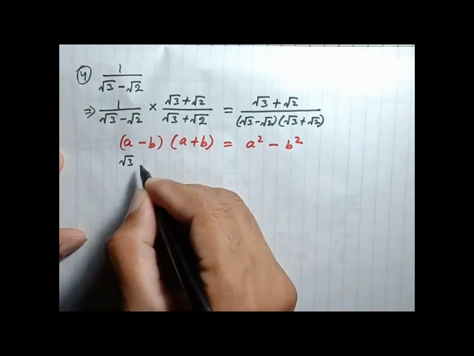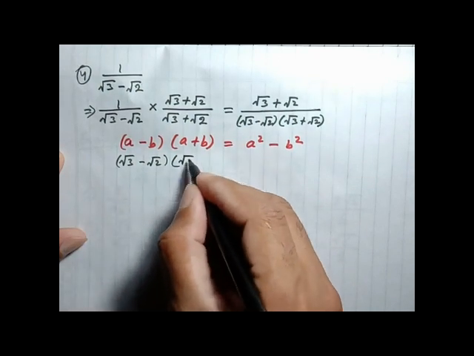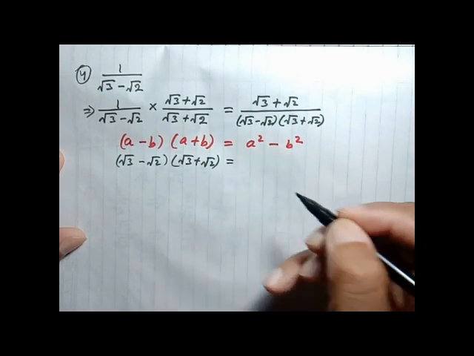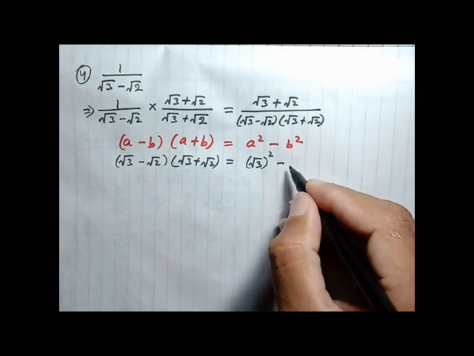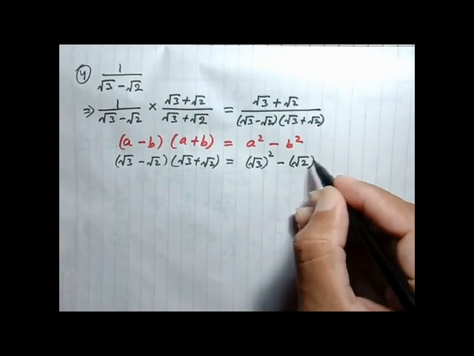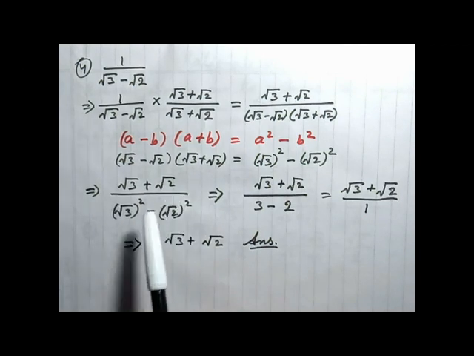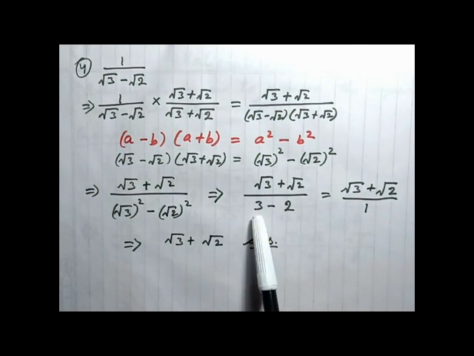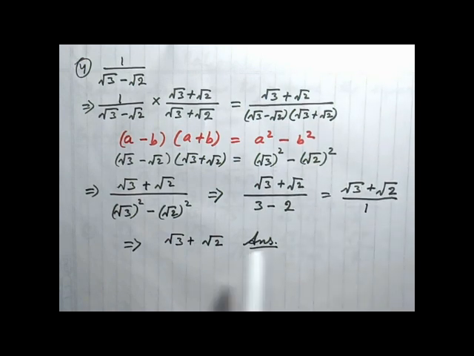We will get √3 minus √2 into √3 plus √2 is equal to √3 square minus √2 square. So we get √3 plus √2 upon √3 square minus √2 square, and that will be equal to √3 plus √2 upon 3 minus 2, and that will be equal to √3 plus √2 upon 1. So we can write it as √3 plus √2.